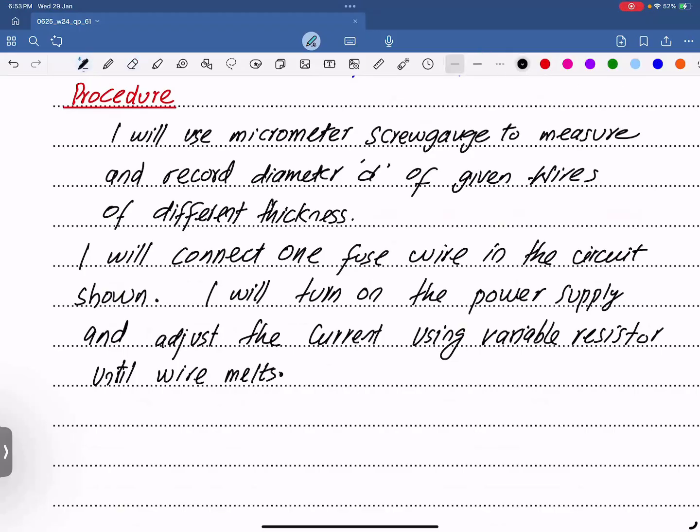So you keep increasing the current until wire melts. So I will measure and record current reading, or I will record current reading from ammeter.